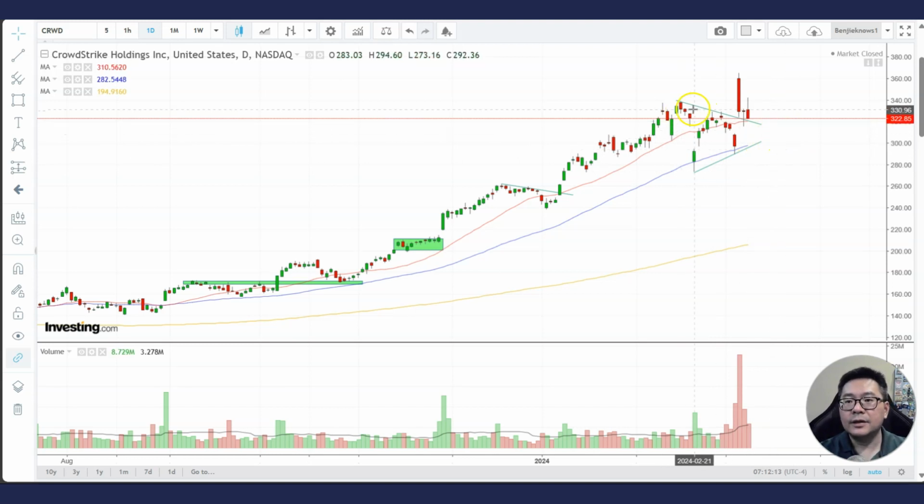And the first thing you need to take note of is whether Crowdstrike is able to stay above this downtrend line. Okay, it was able to do so. It did get up on high volume. I think people were chasing the stock, but it had a very nasty red bar with high volume. Then it declined, formed a bottoming tail, and the next day it's quite volatile.